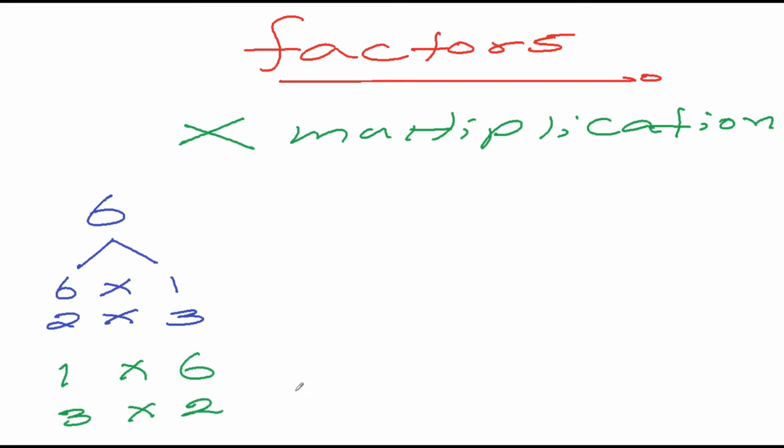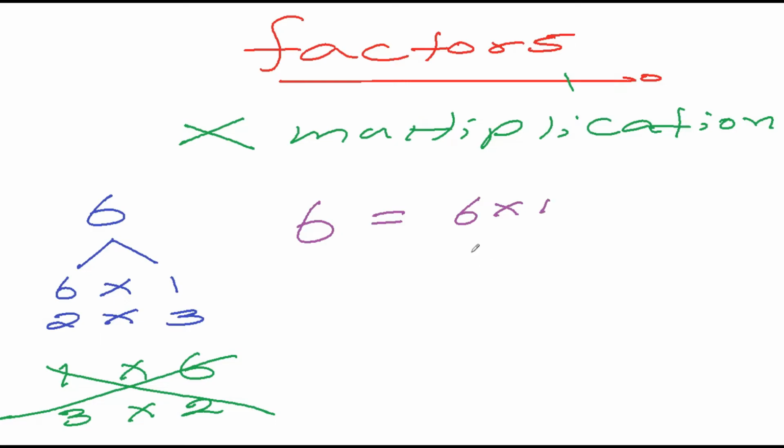What about 3 into 2? No problem, yes, 3 into 2 will create 6. But we have mentioned before 2 into 3. There's no point in writing down 3 into 2 again. So I'm going to neglect those parts. Okay. Then I can write this 6 as 6 into 1 and 2 into 3.